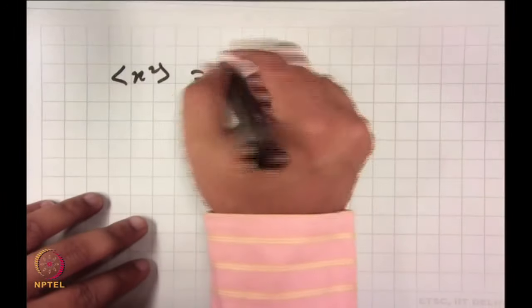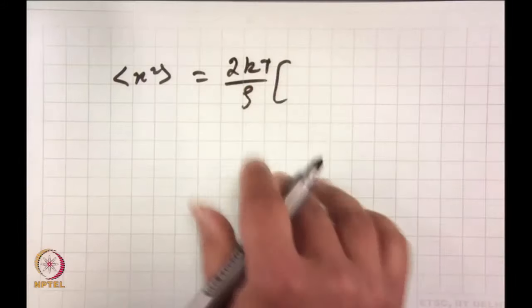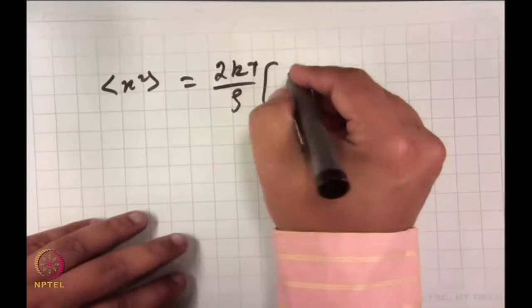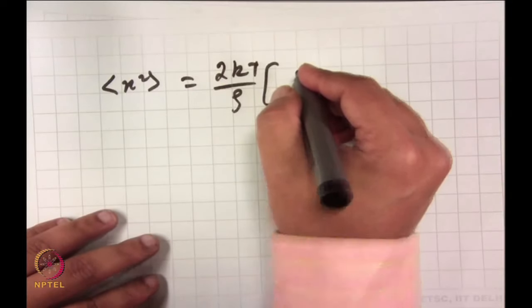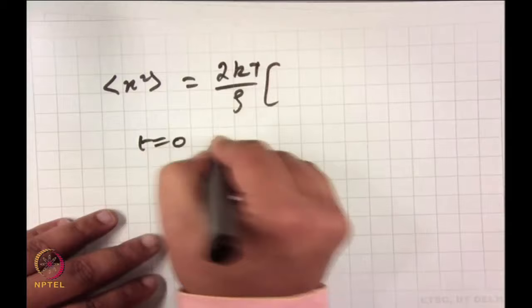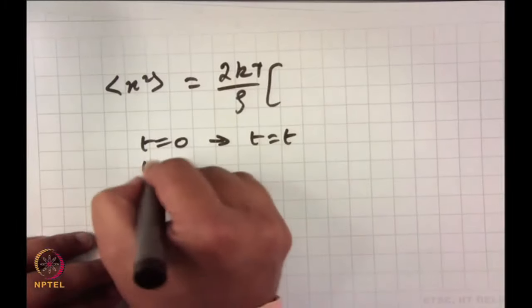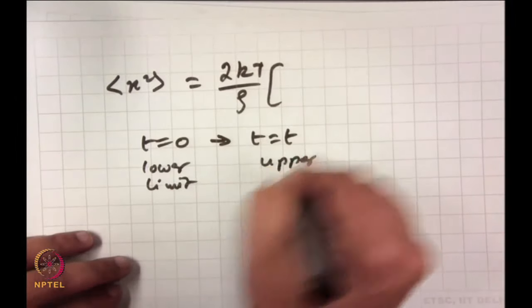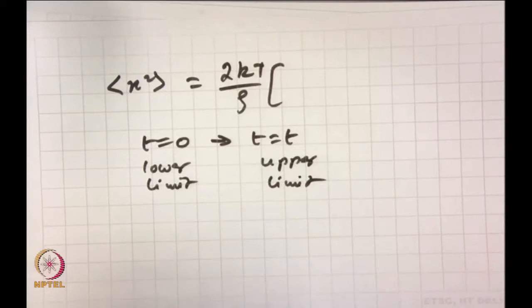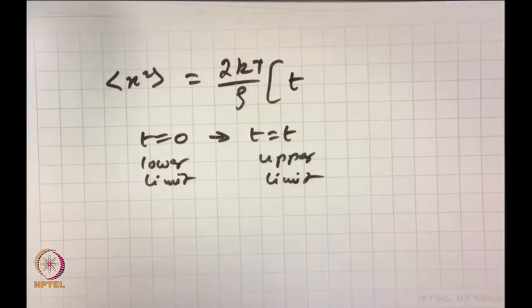So, there what I do now is if I do the integration, then I would be having 2kt over xi. Now, what is the first term going to give me? Remember, we are integrating between 0 and t. Okay. So, the limits are t equal to 0 to t equal to t. So, this is the lower limit, this is the upper limit. So, here the first one would be t, right. Okay. Now, what about the next factor, you tell me?